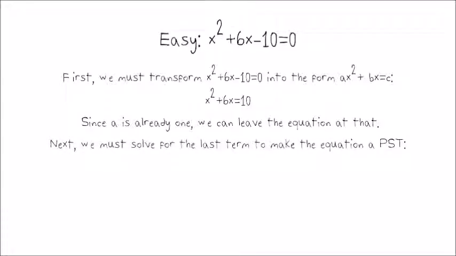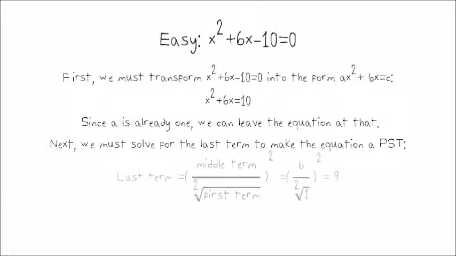Next, we must solve for the last term to make the equation a PST. Again, using the formula for the last term, which is the middle term divided by twice the square root of the first term, raised to the second power. Substituting our values, we get 6 divided by 2 times the square root of 1, raised to the second power, which is basically 9.